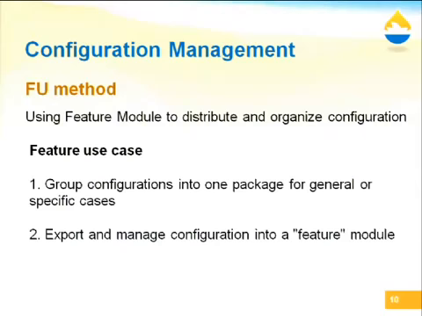The FU method is the drush command, the shortcut drush command to update features. So you do drush FU and think of somebody else when you do that. And then you update the features. Features is basically the current best practice for how to distribute and organize configurations. And basically, features has two use cases.